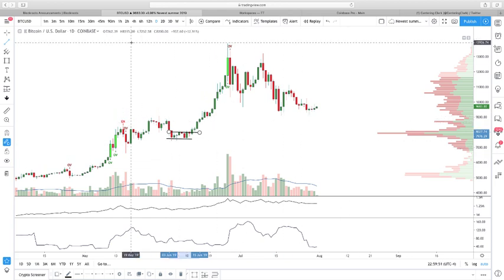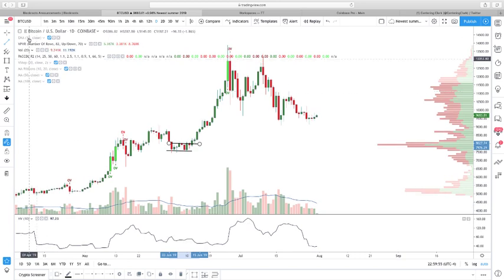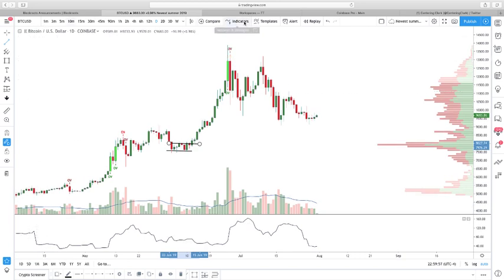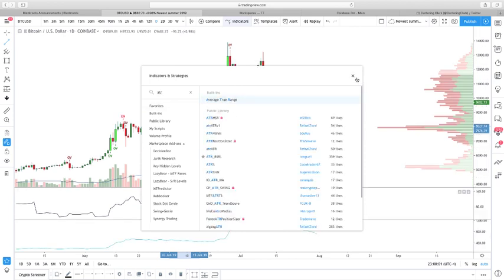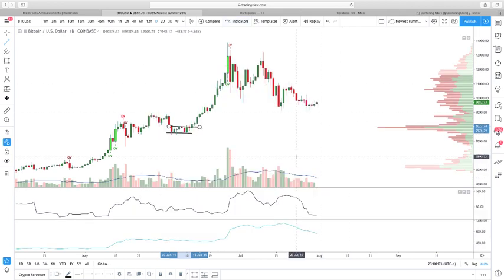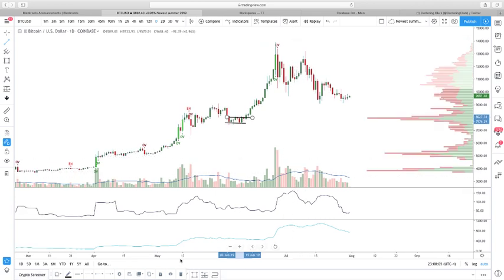If the average true range is, for example, and let me just put on the ATR right now so you can see. So we'll put on the ATR, which is a particularly useful tool when you're observing equities. So the ATR is the average true range, and we could see at any point what is considered normal range for Bitcoin.